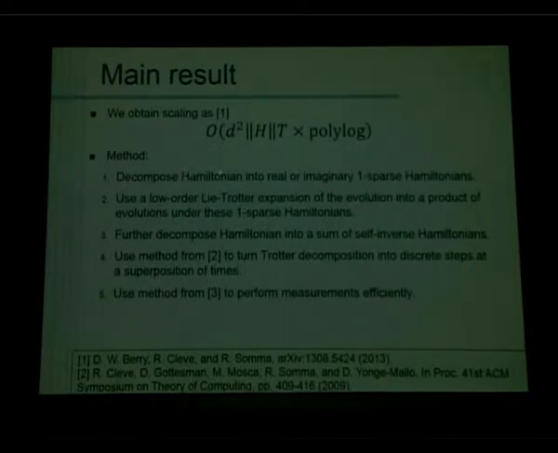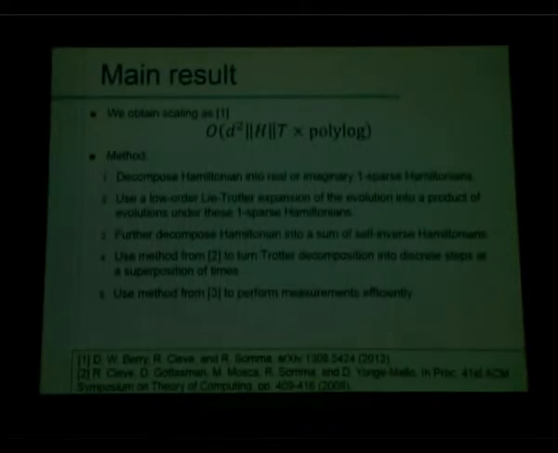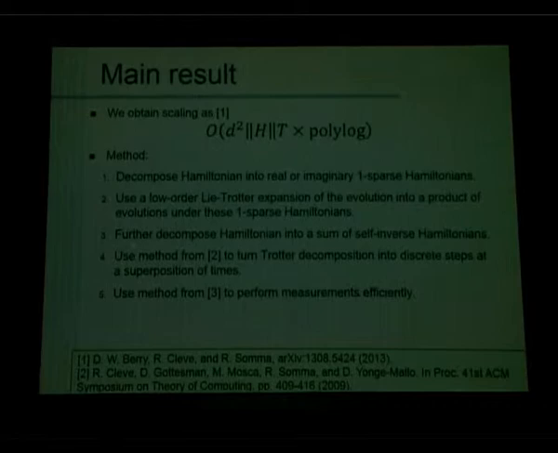So to give you a summary of the method we're using, the method is we're starting off decomposing this Hamiltonian into one sparse Hamiltonians, which is similar to some previous work for sparse Hamiltonians, but we're also dividing it into real parts and imaginary parts. Then we're using a Trotter expansion on that, which is also a standard method, but then in step 3 we're getting into the special part of this, which is decomposing these Hamiltonians into self-inverse Hamiltonians.